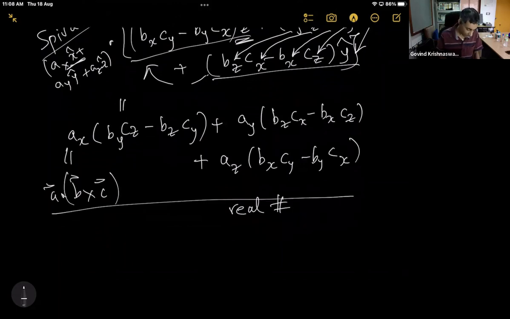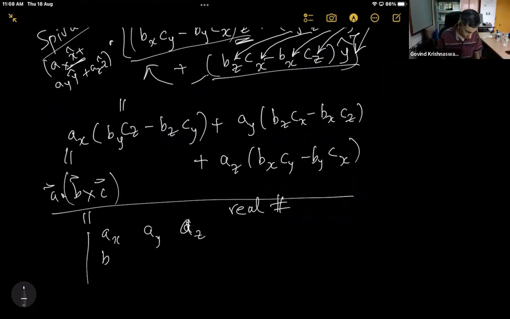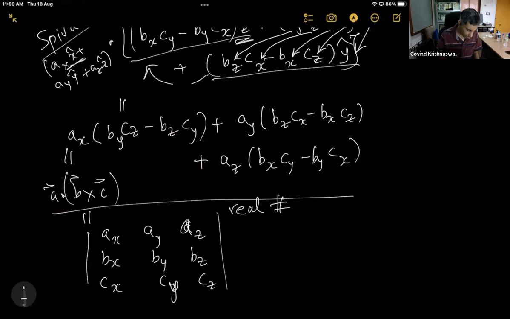It can be expressed as the following determinant: AX, AY, AZ; BX, BY, BZ; CX, CY, CZ. This expression is equal to that determinant.